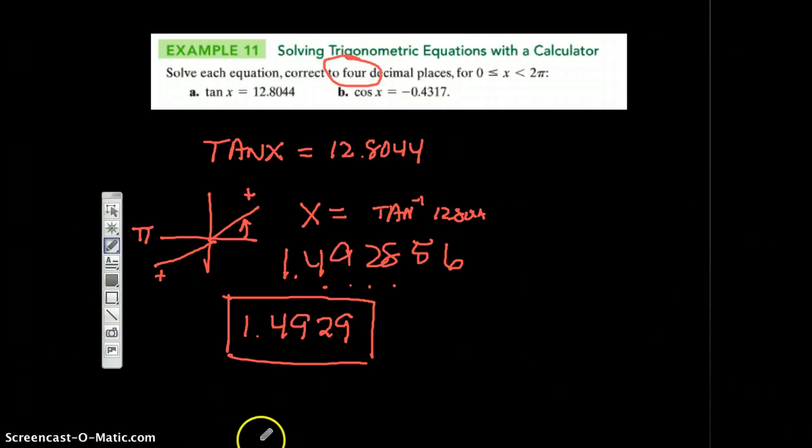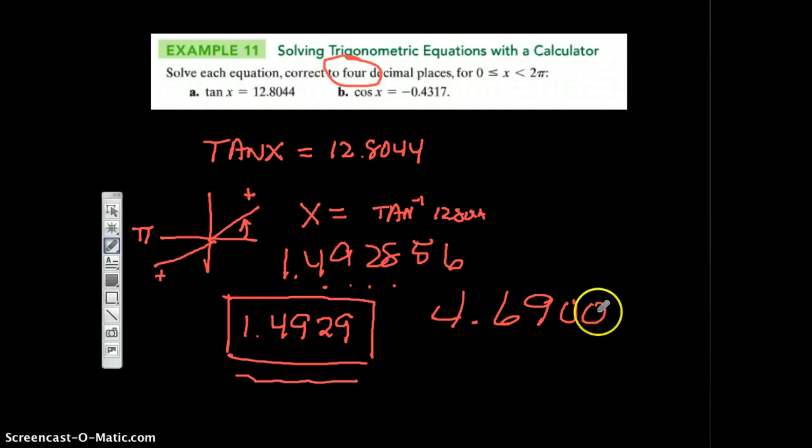Okay, so we're going to take our calculator and we're going to take this value, 1.4929 plus pi. We'll just use pi on our calculator. And here we have 4.6901. Okay, so there are 2 values for the tangent.